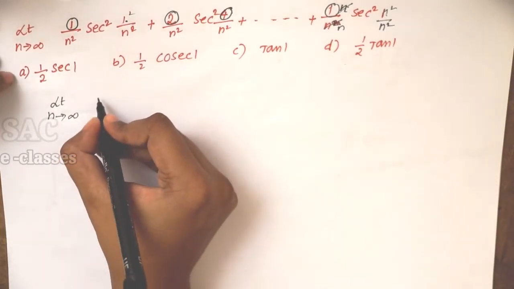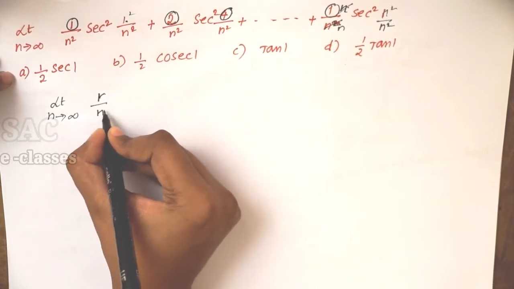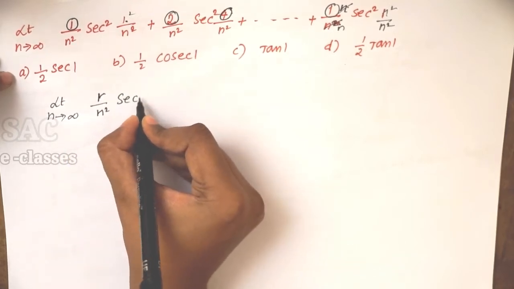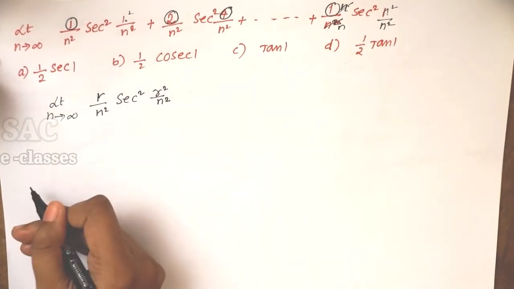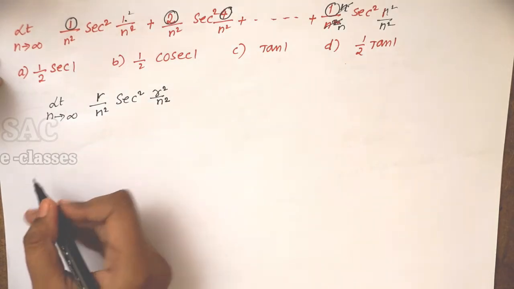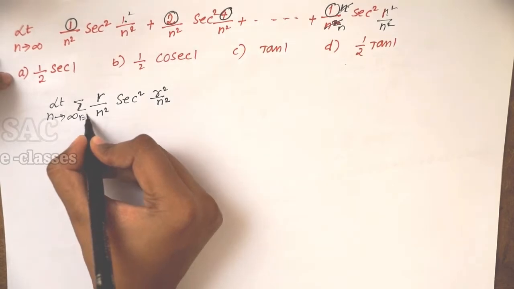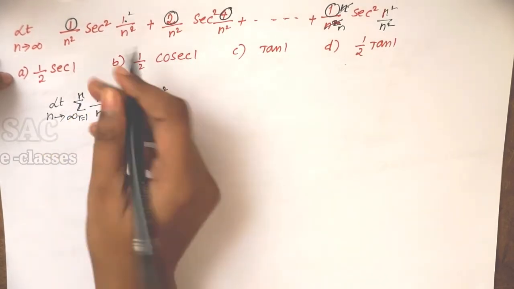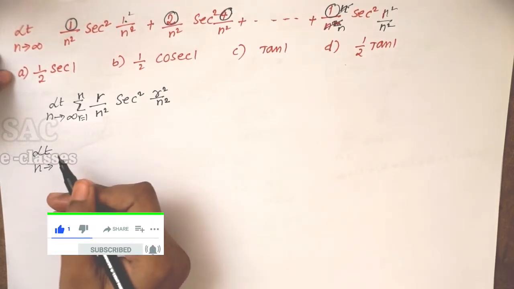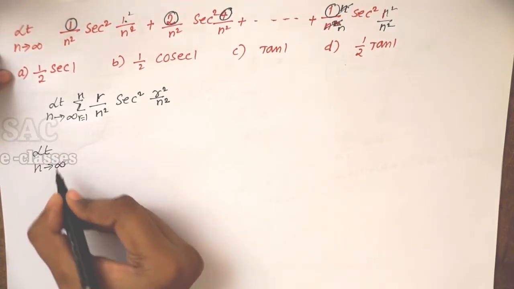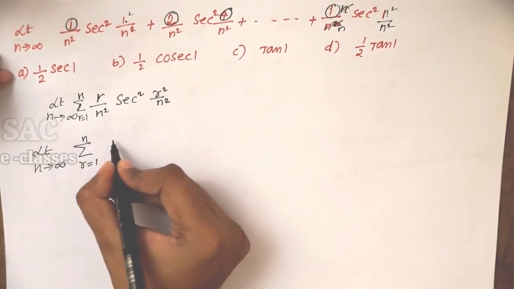So what can I write now? r by n square into secant square of r square by n square. But it is not in our form. That is why let's use the sigma, r equal to 1 to n. So limit n tends to infinity, sigma r equal to 1 to n.